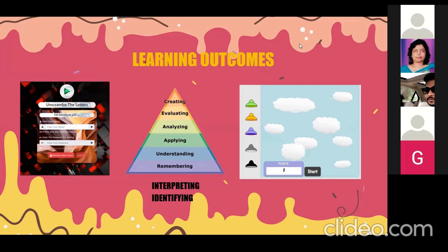Understanding the question, yes, understanding. Interpreting, understanding, yes, very good. Analyzing, yes, very good. Quickness in activity, okay. Remembering, yes, very good.